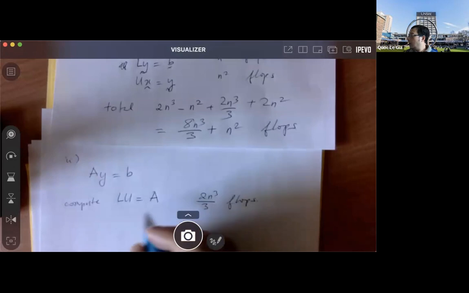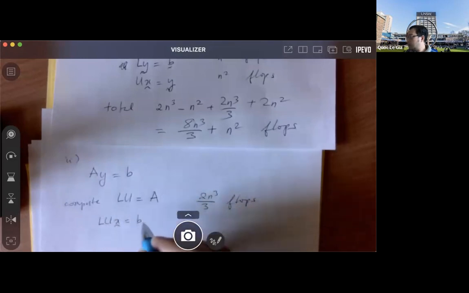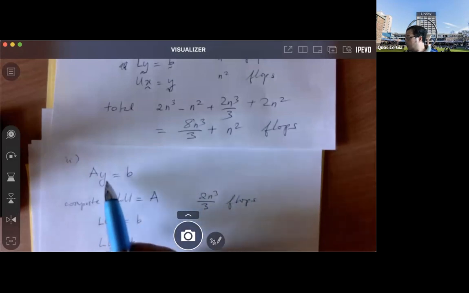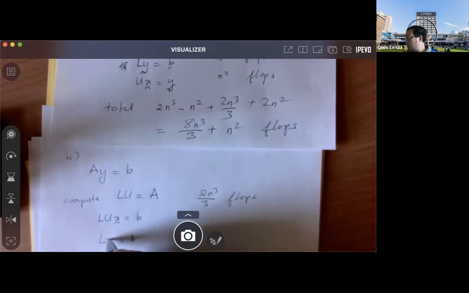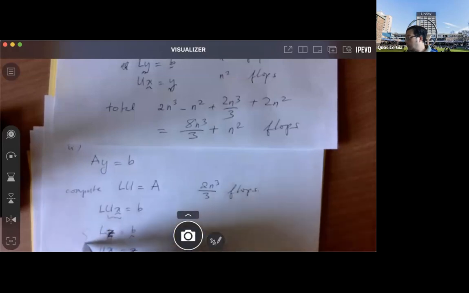And then you solve LUy equals b. Well, actually y is not a good variable because we have y here already. Say we solve Lz equals b, and then we solve Uy equals z.